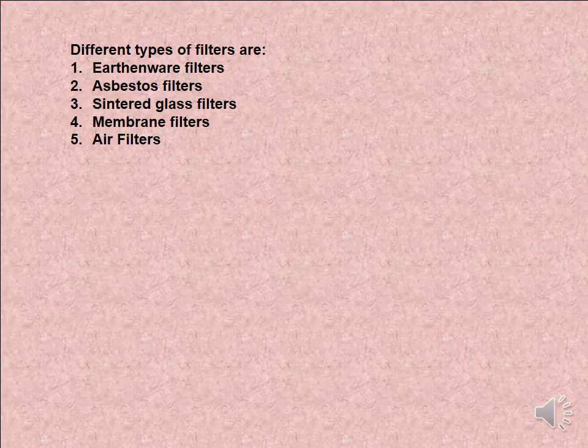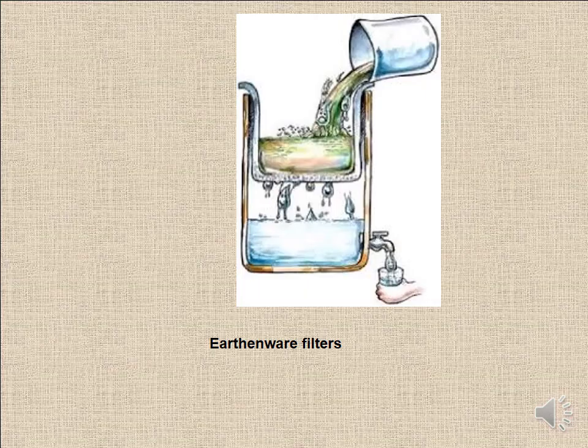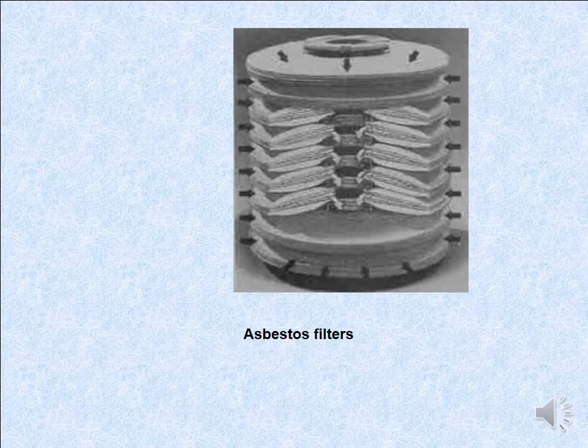Different types of filters are: first, earthenware filters, asbestos filters, sintered glass filters, membrane filters, and lastly air filters. This method is filtration by earthenware filters, and we can see how the water is filtered by this method.